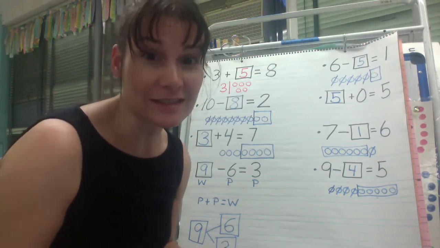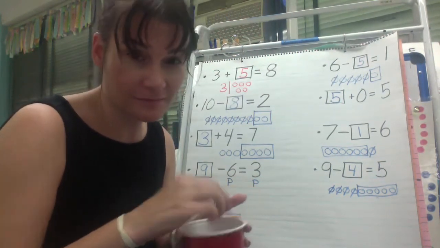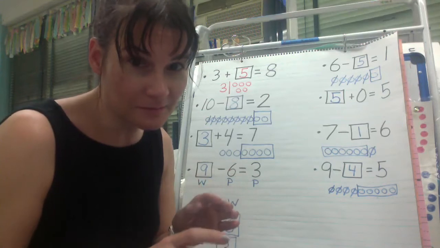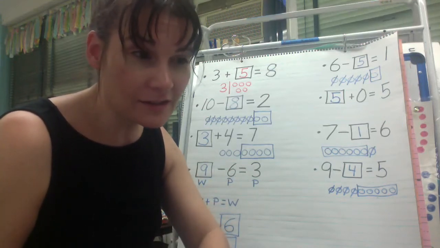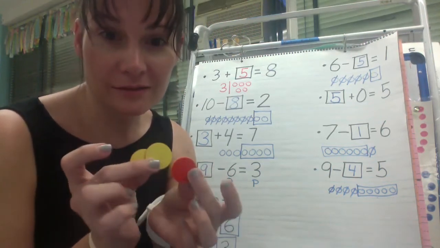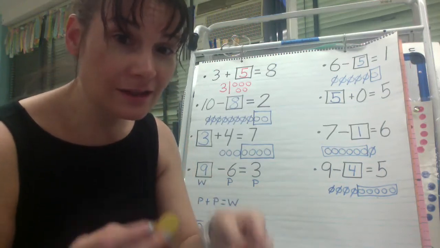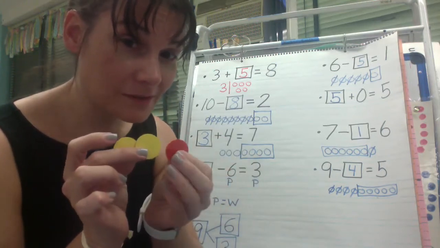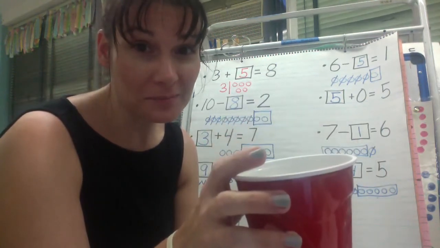Ready? Let's get started. Here I have my 8 counters. And I took out 3. So there were 8, and I took 3 out. How many are still in my cup?